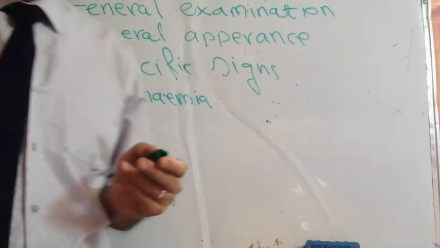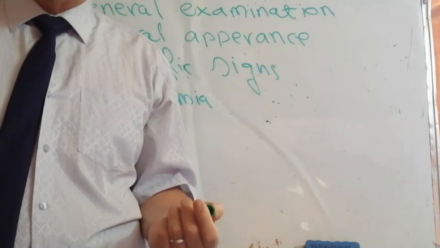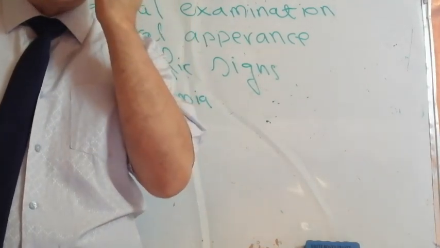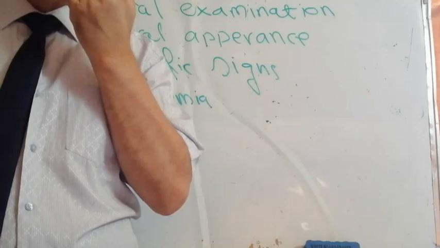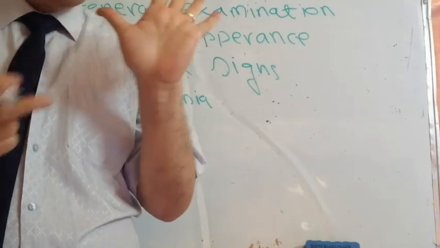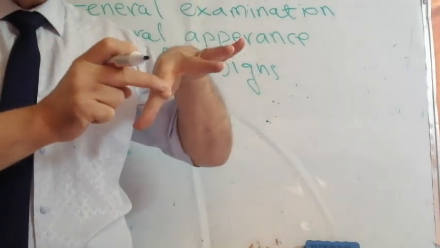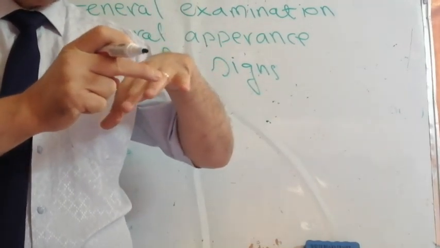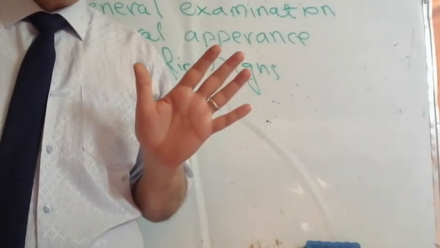We should look for anemia in the general appearance of the patient. He looks pale, in the conjunctiva of the lower eyelid, in the undersurface of the tongue, in the palmar crease, and in the nail bed. These are signs of anemia.